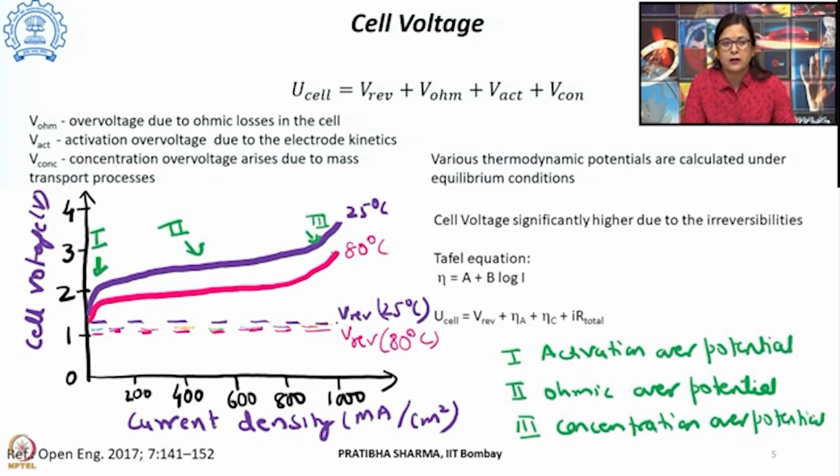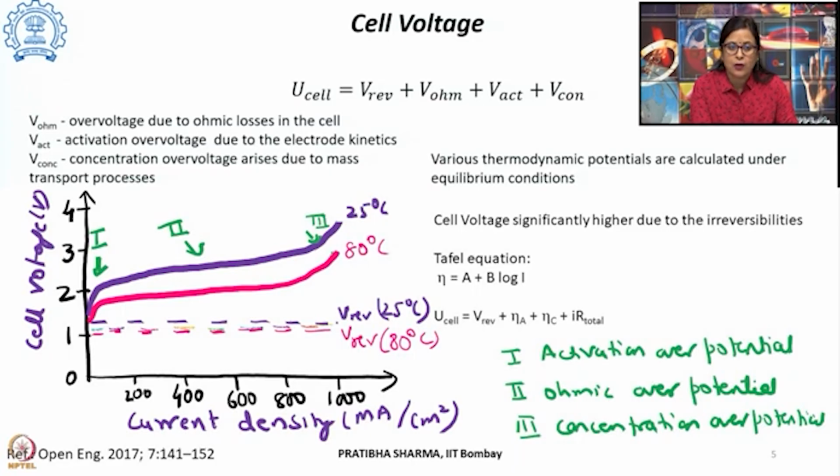Now if we look at a typical current voltage characteristic where cell voltage is plotted against the current density, then we can see that there are 3 regions in the IV characteristic. The first region, which is showing a logarithmic nature, is arising because of the activation over voltage, and this activation over voltage dominates at the low current densities, and the ohmic over voltage is very less in this particular region.